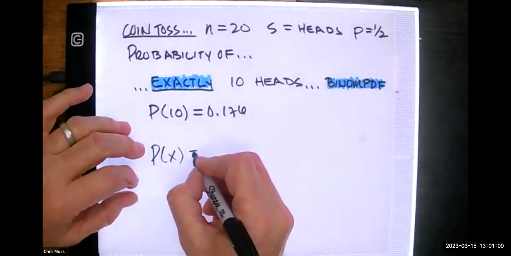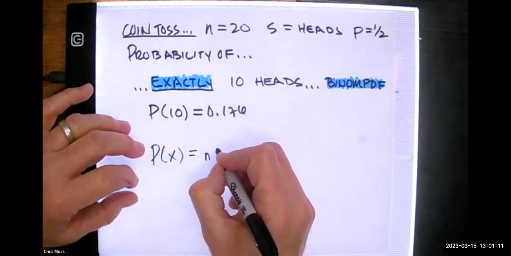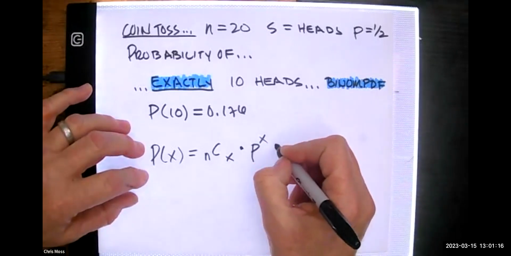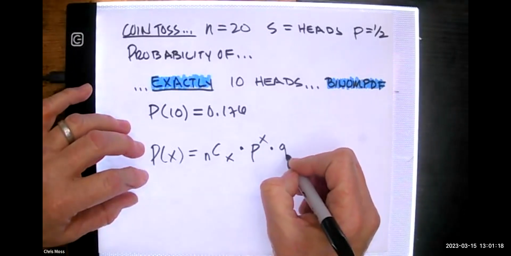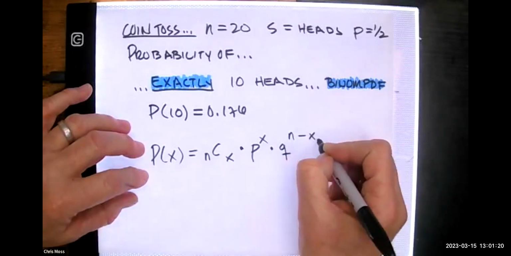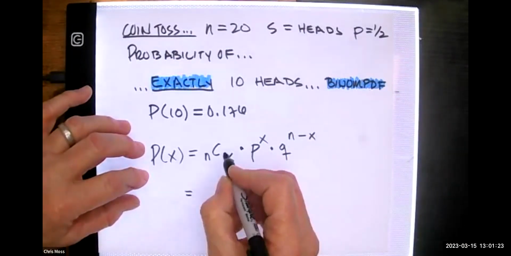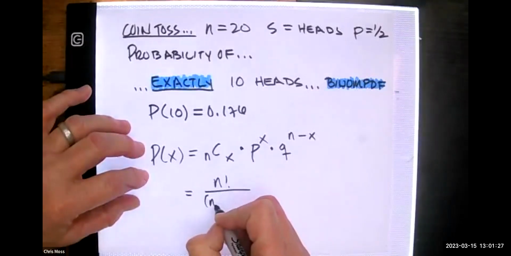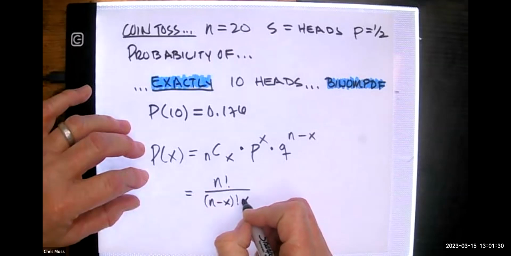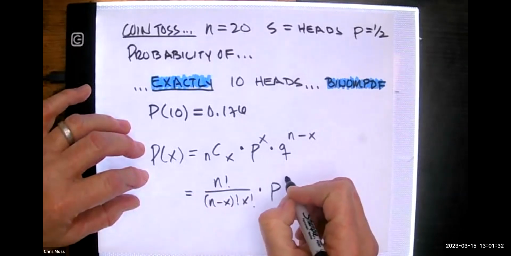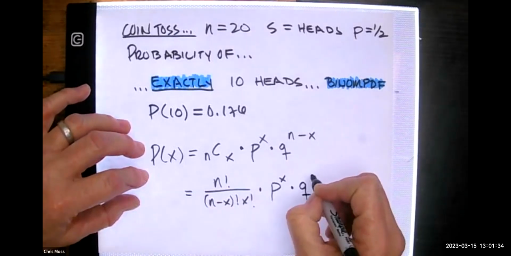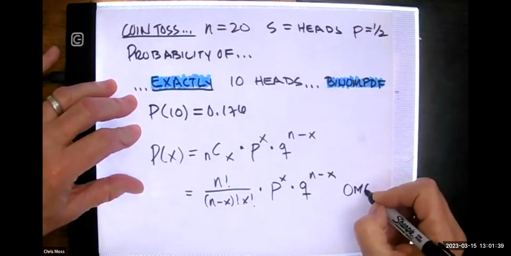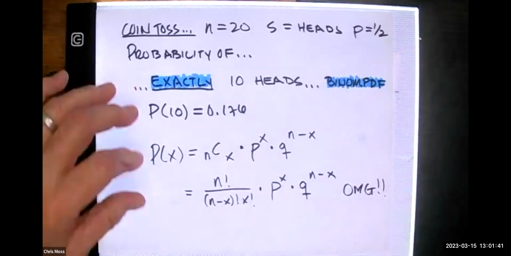And this is equal to n choose X times P raised to the X times Q raised to the n minus X. And that, if you don't remember, is n factorial over n minus X factorial times X factorial, P to the X times Q to the n minus X. OMG.